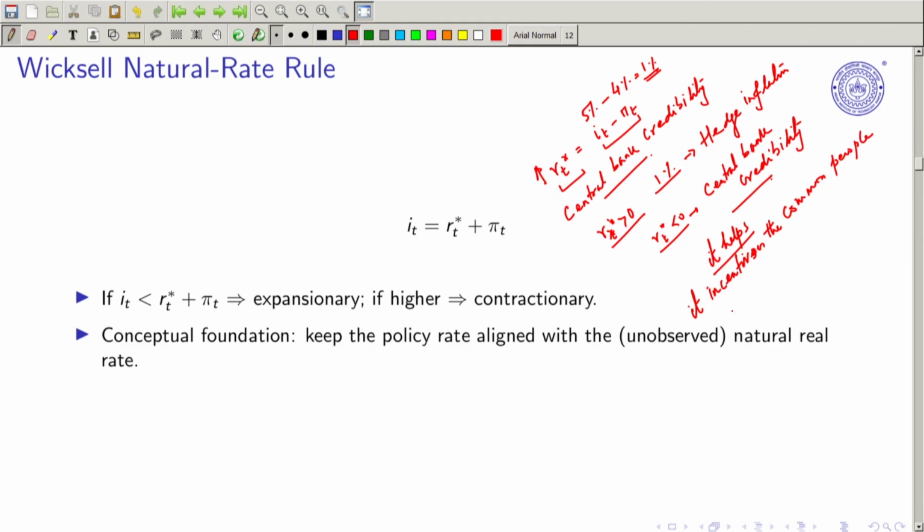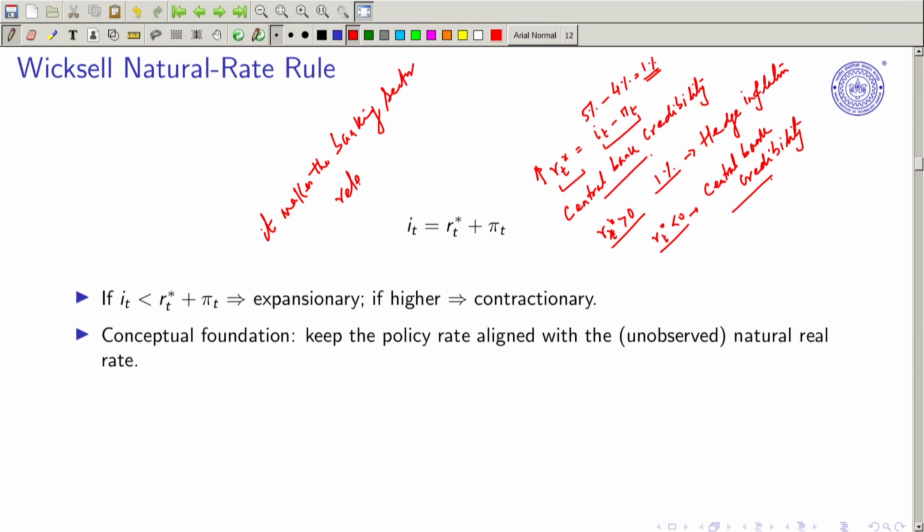Or I think the appropriate sentence will be that it makes the banking sector relevant, right? So this is what we get here.